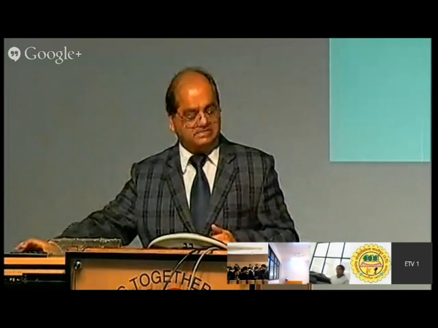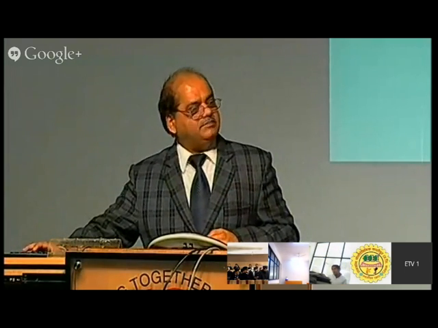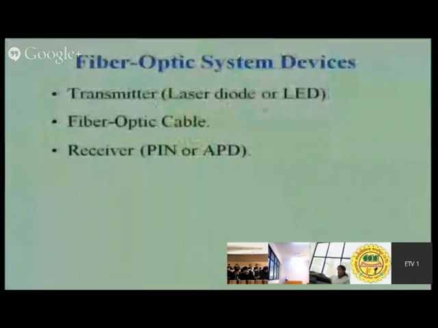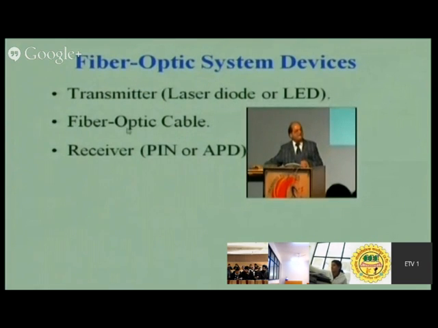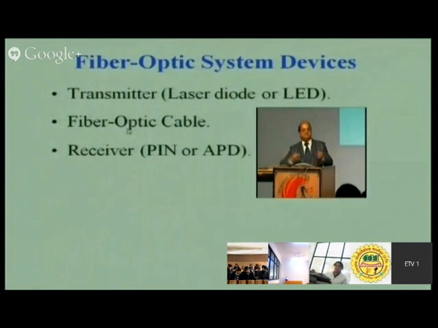These are the optical fiber system devices. The transmitter is either a laser diode (ILD) or an LED, depending on the requirement. Similarly, we need optical fiber as a communication medium. When optical fiber is to be used, the fiber has to be converted to a cable.